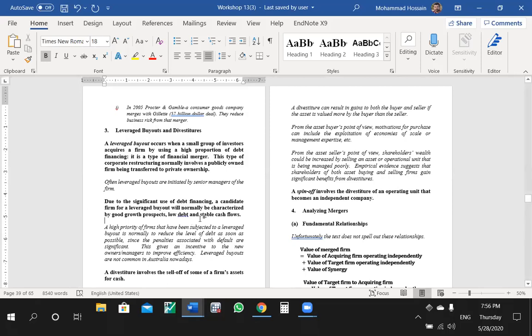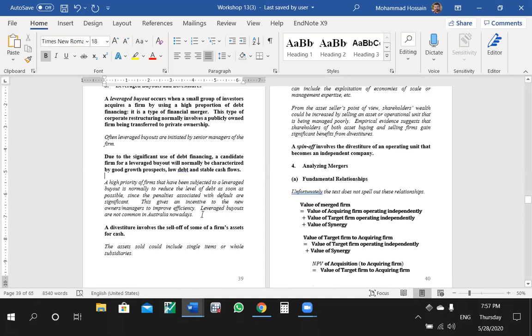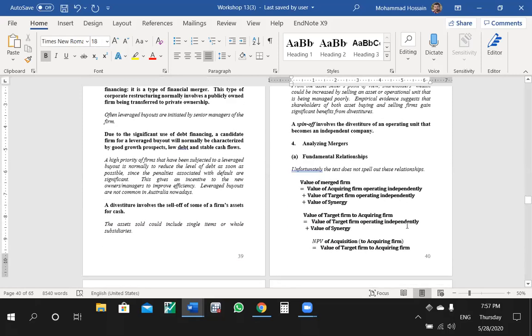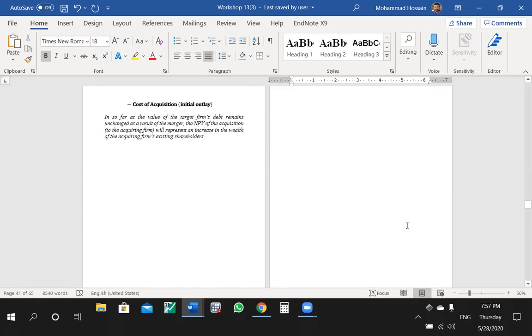Divestiture means that they will be selling off the assets of the firm for cash. They're not investing. Investment is when they are buying something by paying cash. But in this case it's different. They're selling the assets for cash. Okay, I think I'll stop it here. That's it.